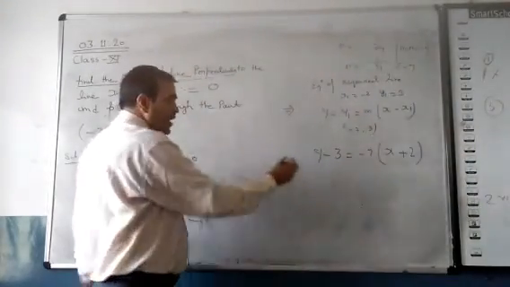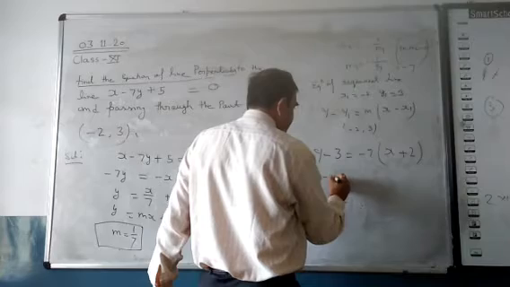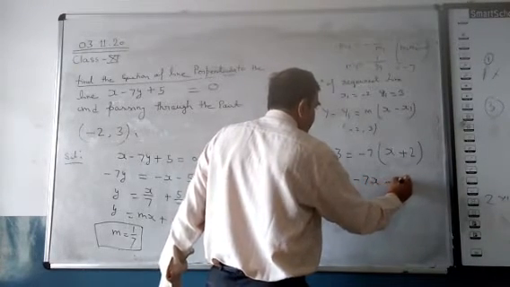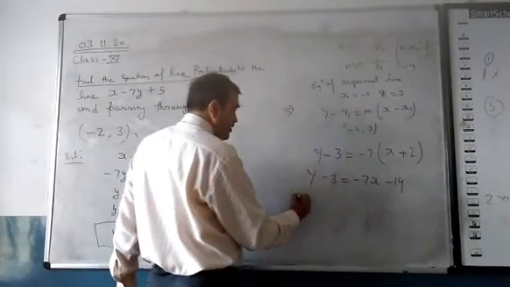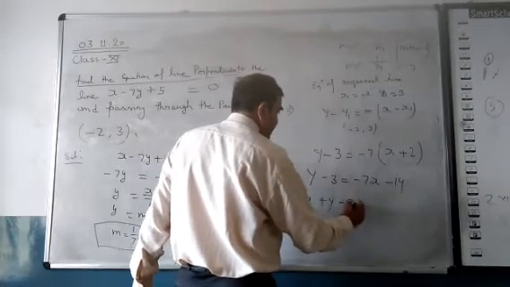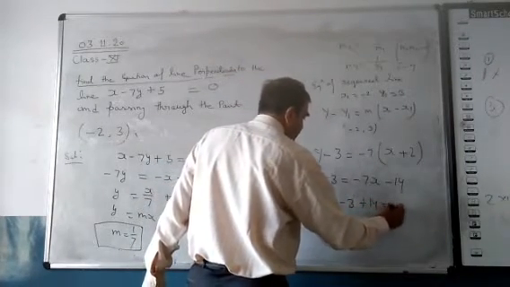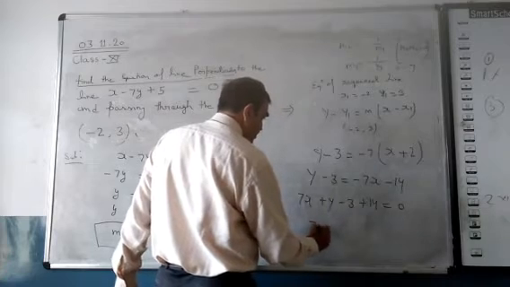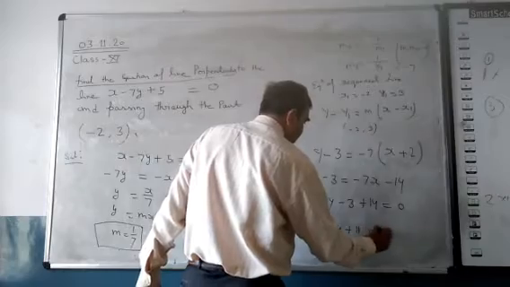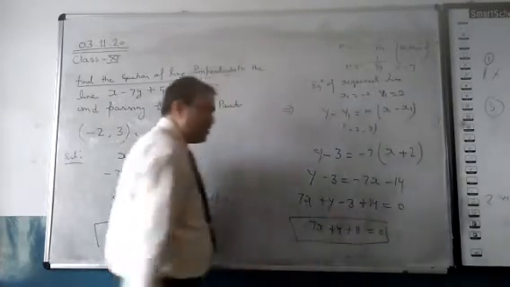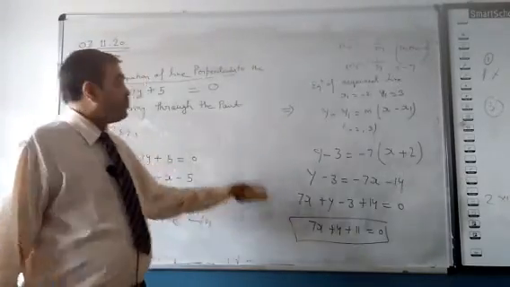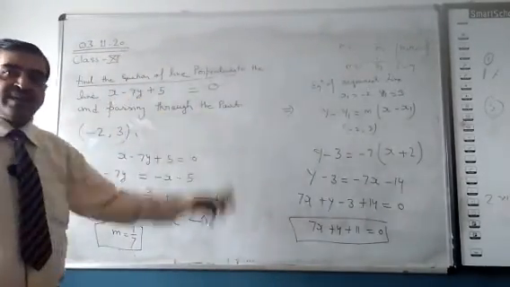Okay, y minus 3 equals minus 7x minus 14, which means 7x plus y minus 3 plus 14 equals 0, means 7x plus y plus 11 equals 0. This is the required equation of line, and this line will be perpendicular to the given line.